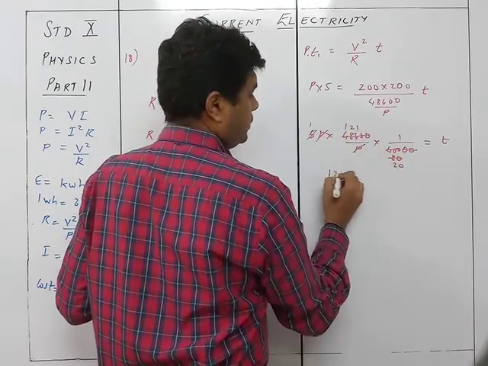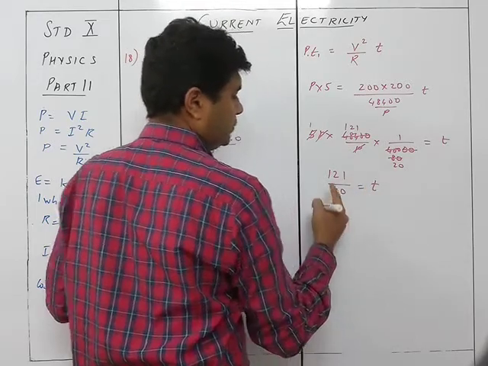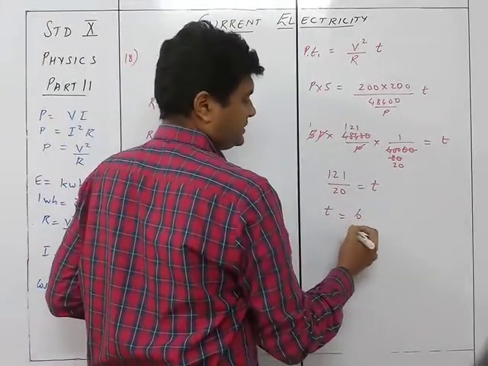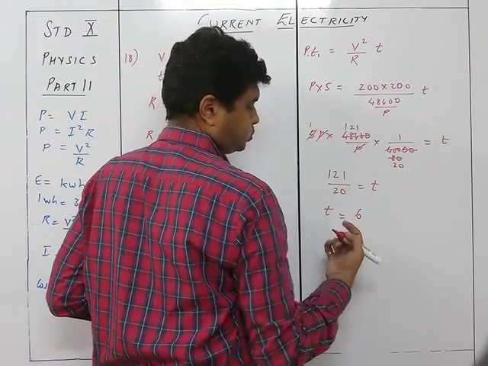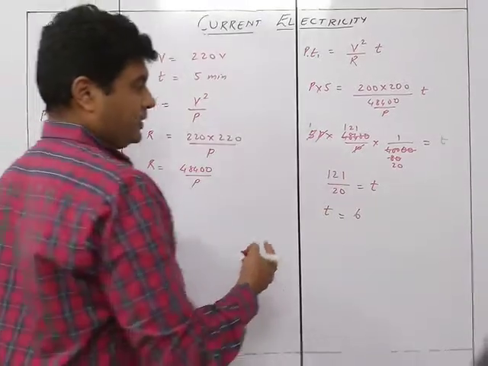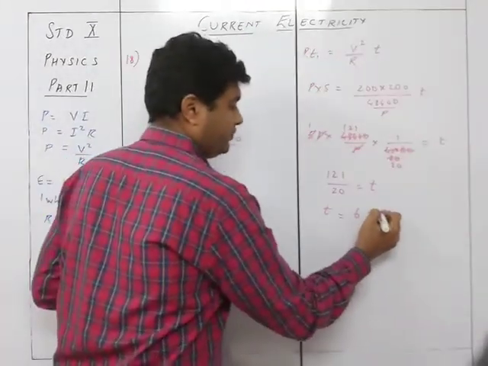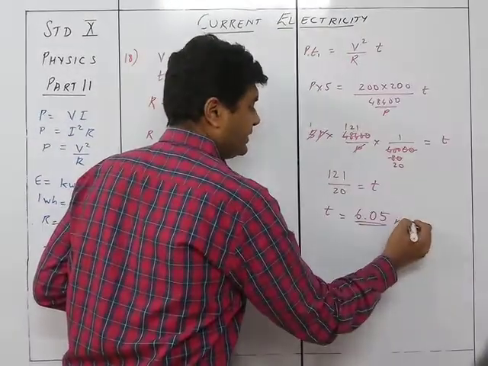So it is 121 upon 20 is equal to T. So T will be 6 minutes and then 0.05, so 6.05 minutes.